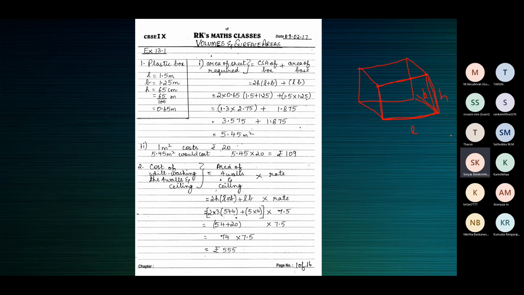Breadth into height. Tell me all the areas, Shreyas. The left and right face, you said breadth into height. Very good. Then?